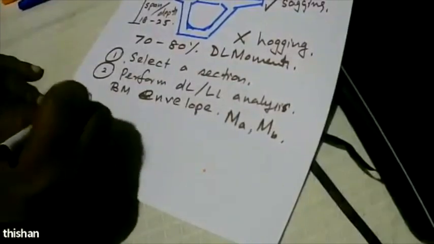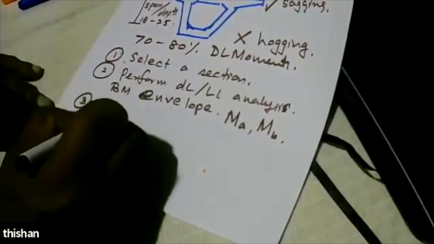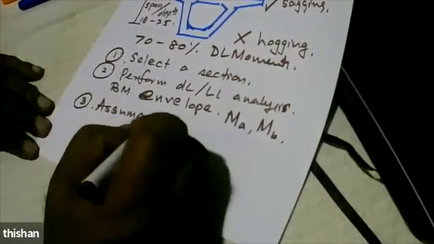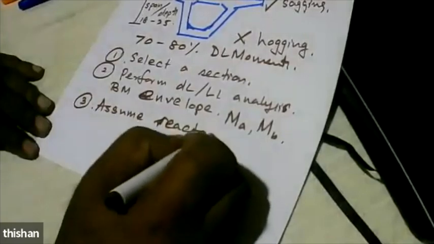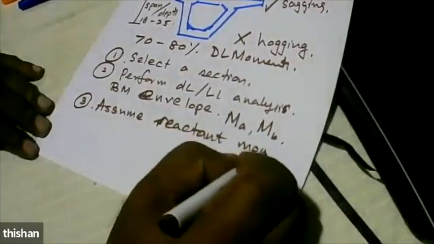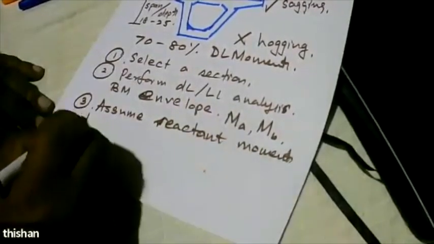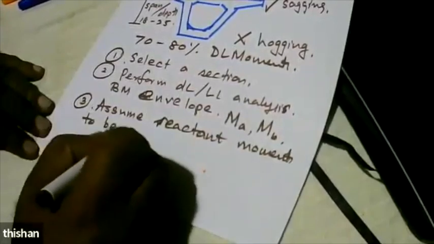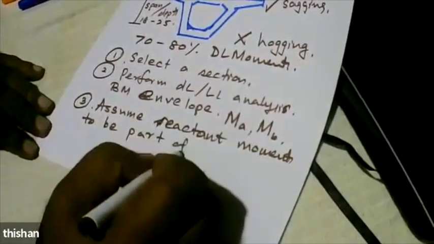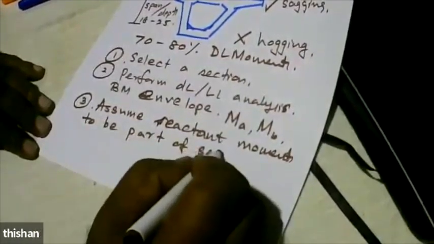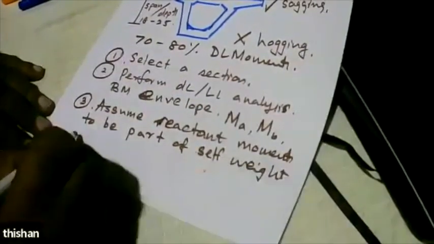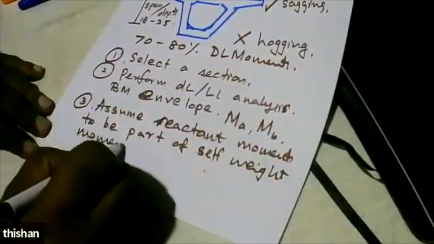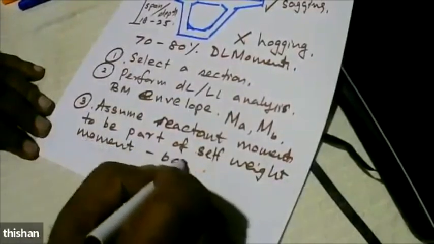Third one, assume secondary moments to be part of the self weight moment. So we can say 60 to 80%.